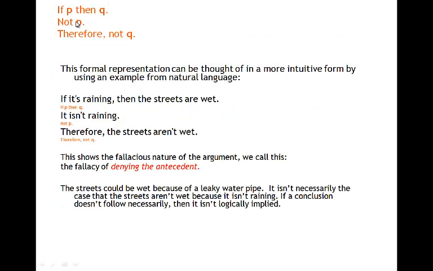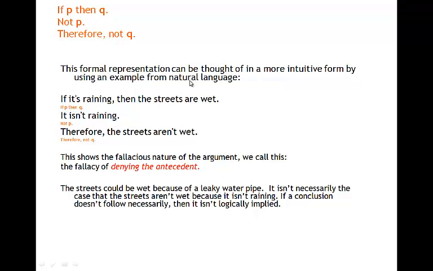So this ends up being our friend, the fallacy of denying the antecedent. We know that that's invalid, that's a fallacy, it's a bad argument. We studied that in the previous section of the course when we discussed fallacies. It was an example of a formal fallacy.